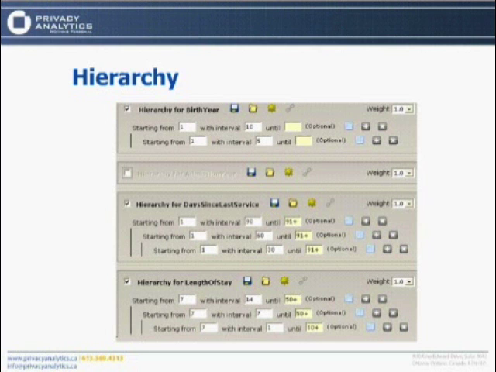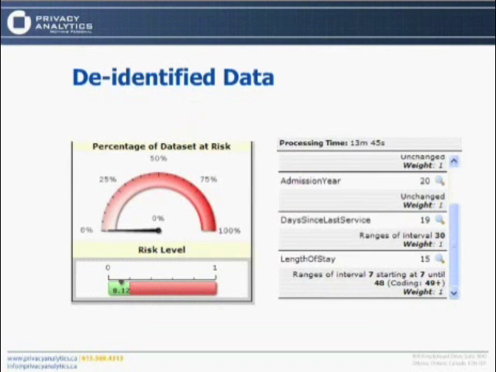So after we applied the de-identification, on this particular data set, as you can see here, the risk was 0. 0% of the data set was at risk. The average risk was 0.12, which is below our threshold. And what we ended up doing here was converting days since last service into intervals of months. So that allows you to examine readmissions within a month, which is a very common type of question when you're looking at this kind of data.